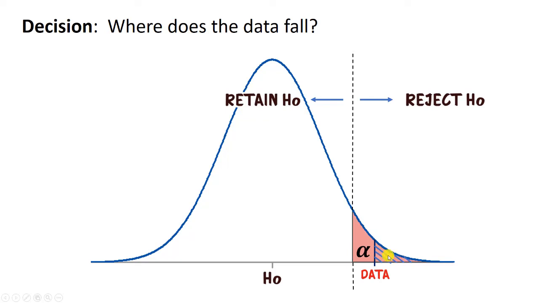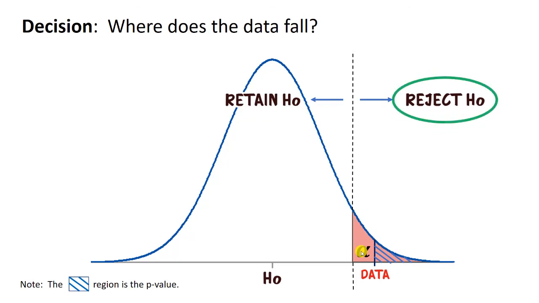And we can see that that is much smaller than the alpha. So we're rejecting the null because the p-value is less than alpha. So if our data falls out here, we're in the reject region, which means that the area of the striped blue is less than, smaller than, the area of the pink. Hopefully that helps. It helps me to visualize things. Watch this a few times and see if you can kind of get to grasp this better.